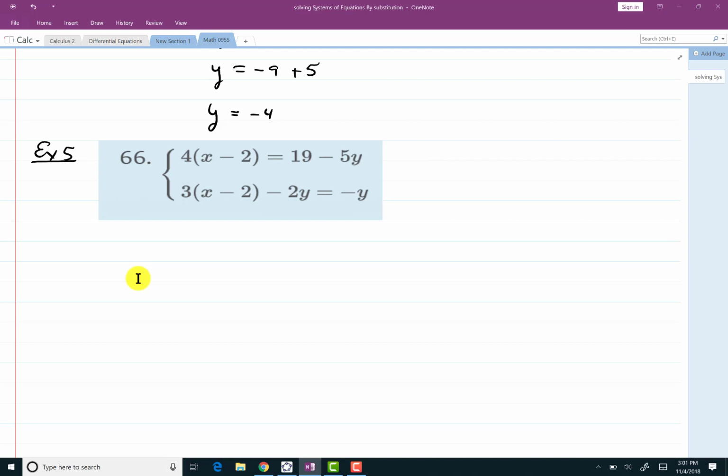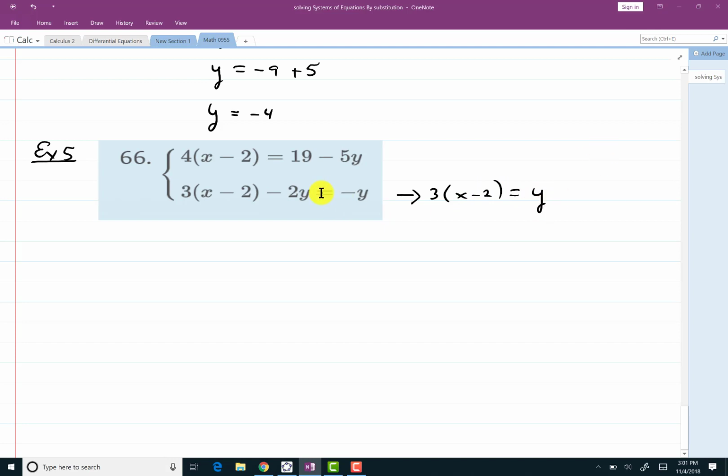In problem 66, we are given a much more complicated expression. Here, even though y is seemingly close to being alone, it's not, because there's a y over there as well. Now, we'll see how amenable you are to this type of a substitution, but I will rewrite this second equation as 3 times x minus 2 equals y.